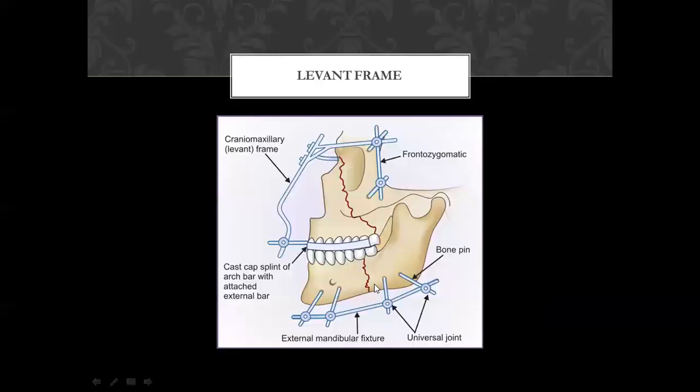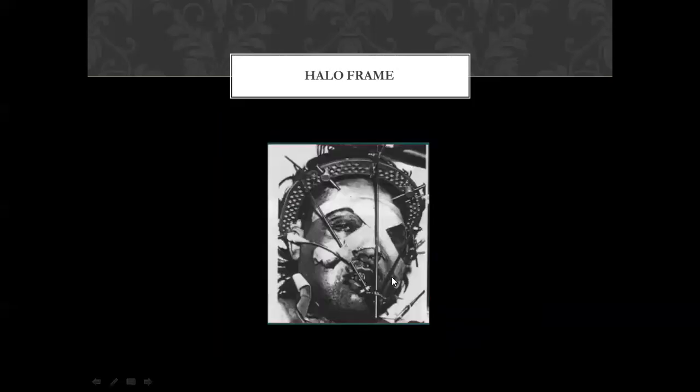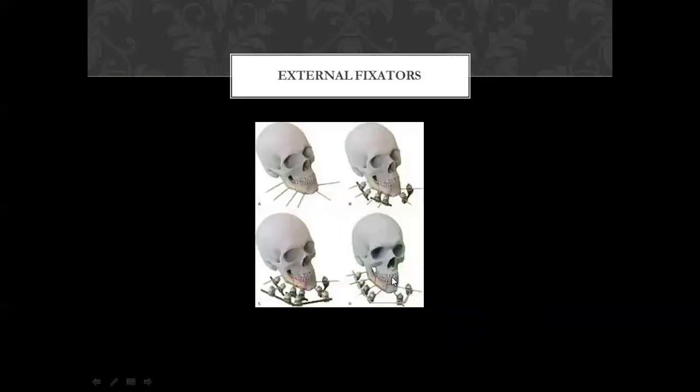Then there is the Levant frame, and this is a single picture which shows all the external fixators, like frontozygomatic fixators. This is a Levant frame. This is a cap splint fixator. This is an external mandibular fixator. And these are the parts of the fixators, the universal joint and the bone pins. So just remember a few of these extra fixators.